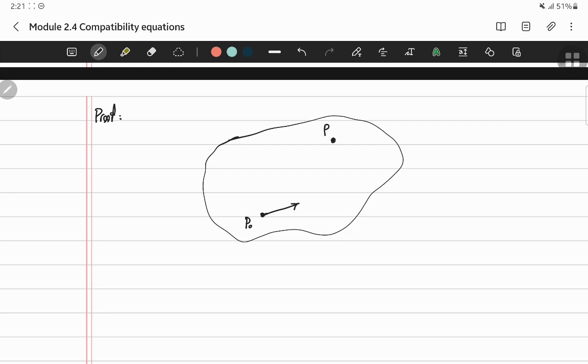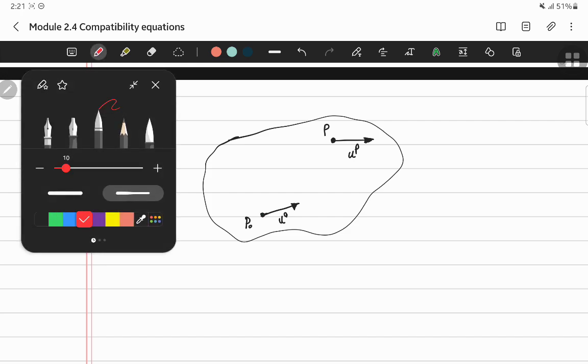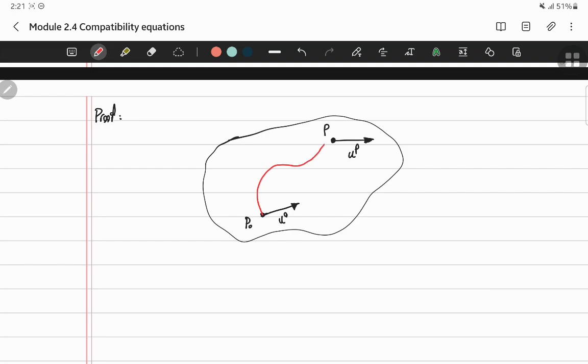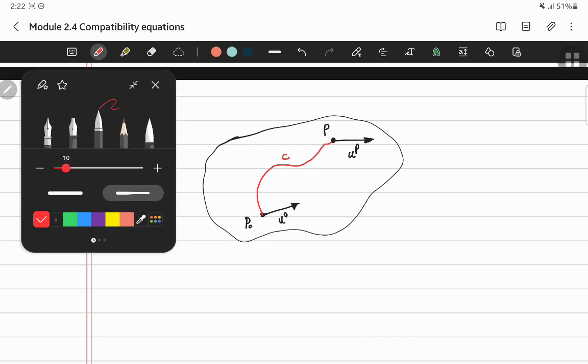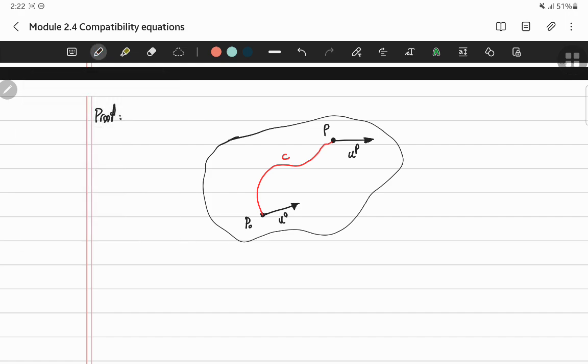So you have an initial vector here, which we call U0, and you also have another vector in here, which we call, for example, UP. And for this, we have a path. So we have a path C in here. So this is the problem statement and all the hypotheses that we have.